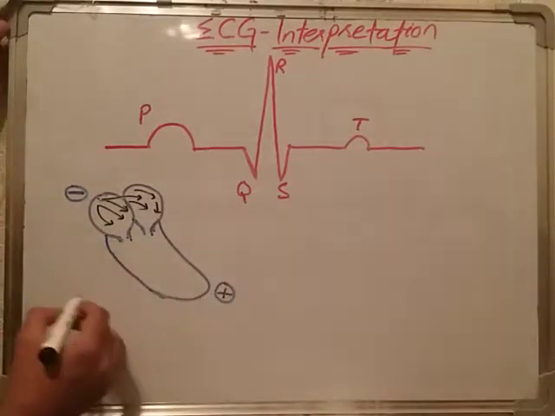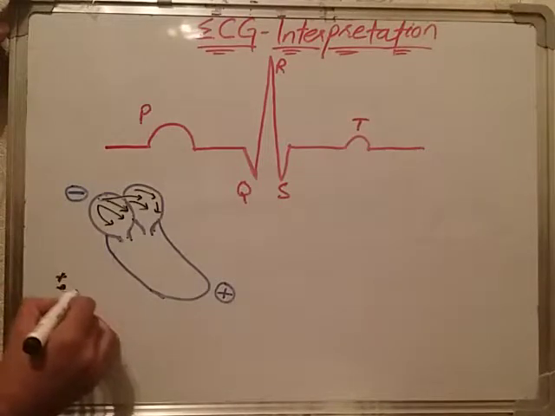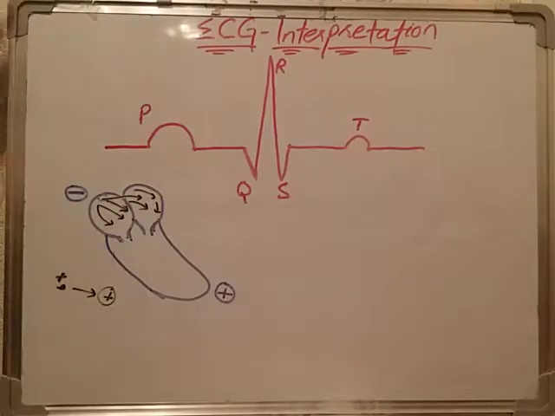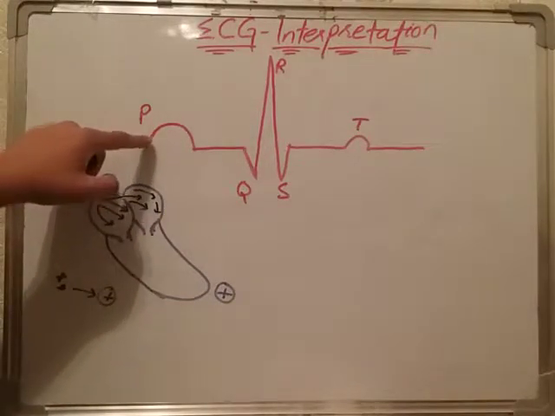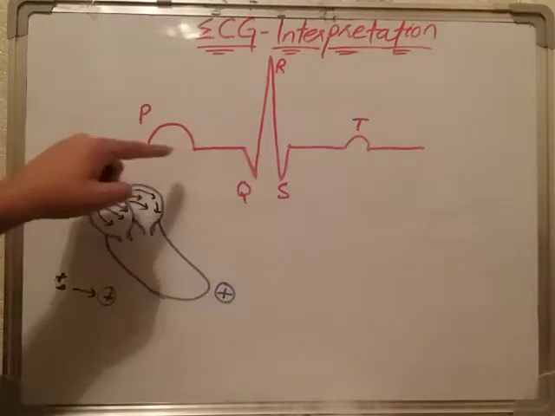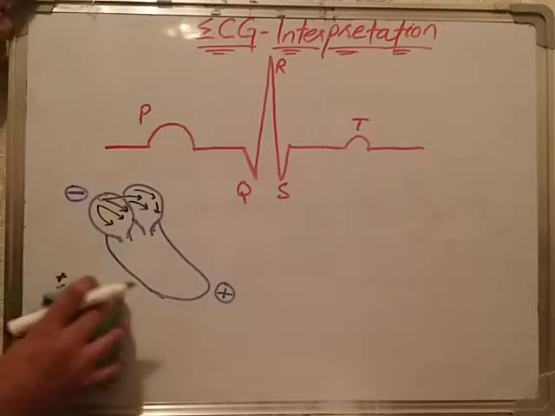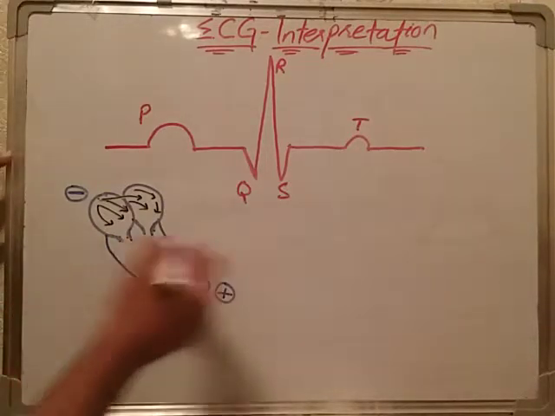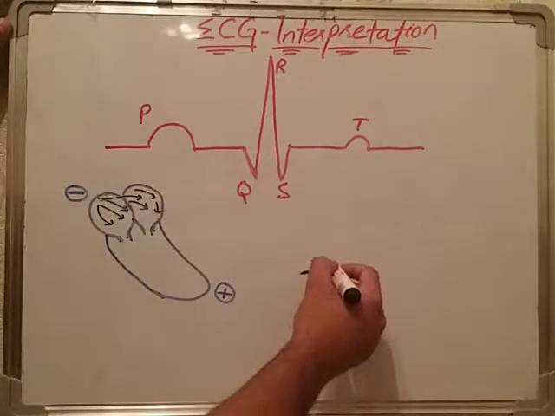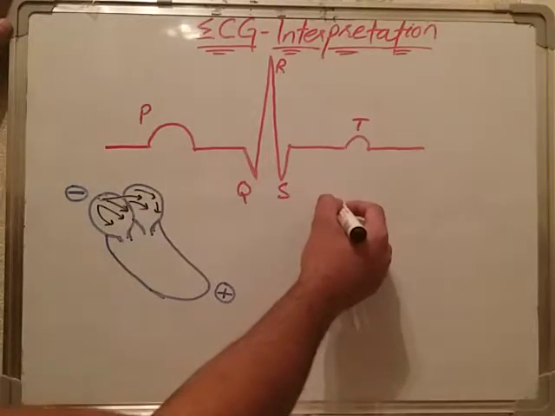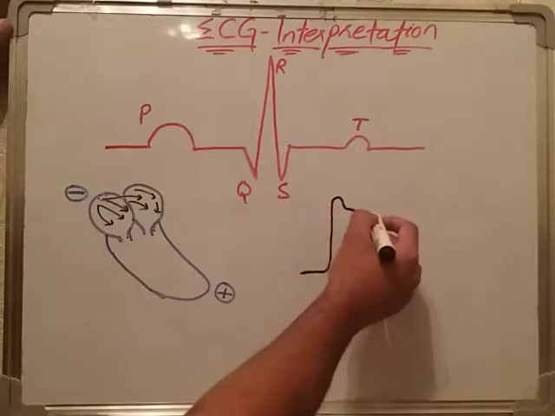For example, if you move a positive charge toward a positive electrode, we make a wave going upward. This means positive toward positive. In this case the situation is the same. We know that depolarization means toward positive and repolarization means toward negative.